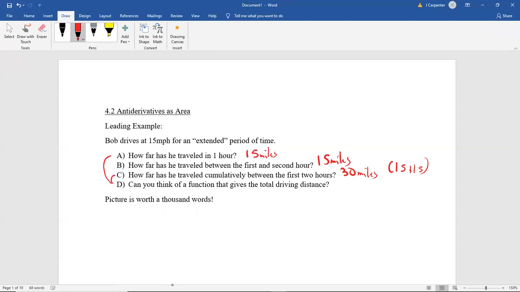After 1 hour, he went 15 miles. After 2 hours, he went 30 miles. So for part D, we're trying to think of some function of time. So let's use t for time. So that time is going to be in hours.